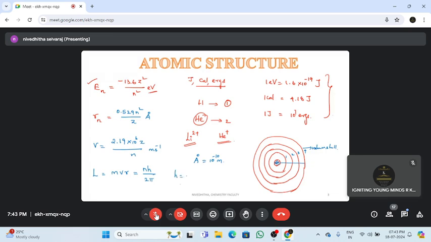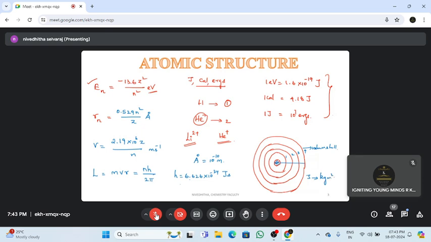It is Planck's constant, ma'am. Very good. What is the value of Planck's constant? 6.626 into 10 to the power minus 34 joule second. And joules can also be expressed in terms of kilogram. So, how?